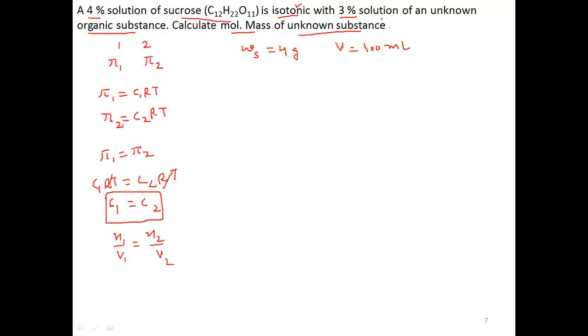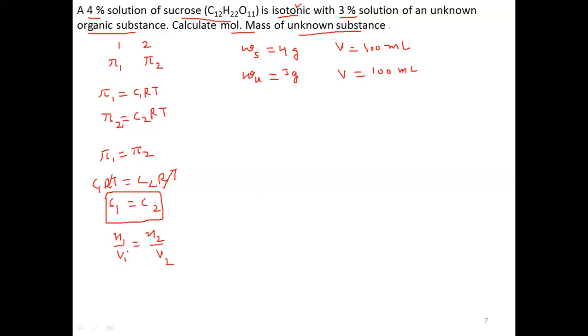Similarly, a 3% solution of an unknown organic substance, I will denote its weight by WU, is equal to 3 gram. The volume is the same, percent means 100 ml. So you can convert it into liters, but although it will get cancelled, so no need to convert it here.